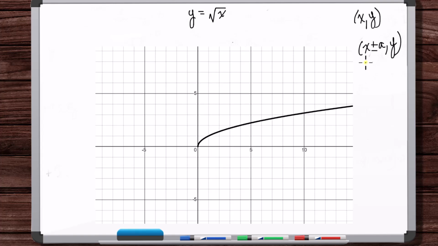Or if we're shifting it in the y direction, that's what we're doing to every single point on that graph, on that transformed or non-transformed graph. And if we are flipping it about the y-axis, we're doing this. If we're flipping it about the x-axis, we're doing this.